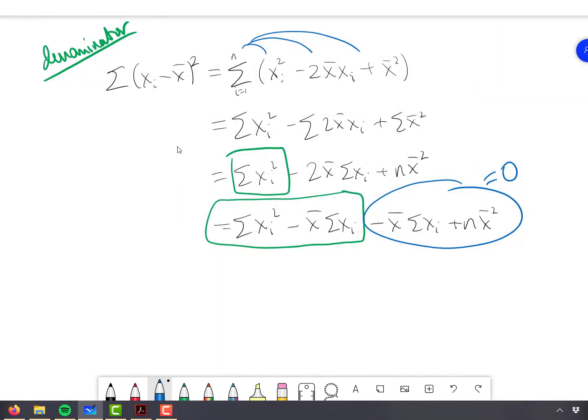So we'll scroll down a little here to give us a little more room, and we'll just focus on showing that that's equal to 0. And so we can note here, again, it's very similar to before. We have our negative x bar sum of xi plus n x bar squared. What we can do is multiply by 1, that n over n, x bar sum of xi plus n times x bar squared. And again, this is a nifty trick, because we can multiply by these terms as we've done before in some other equations in class, but because it's at this point multiplying by 1, we don't have to do this to any other part of our equation.